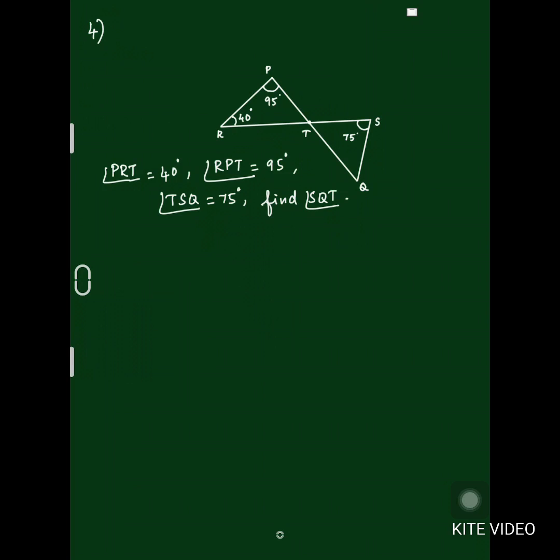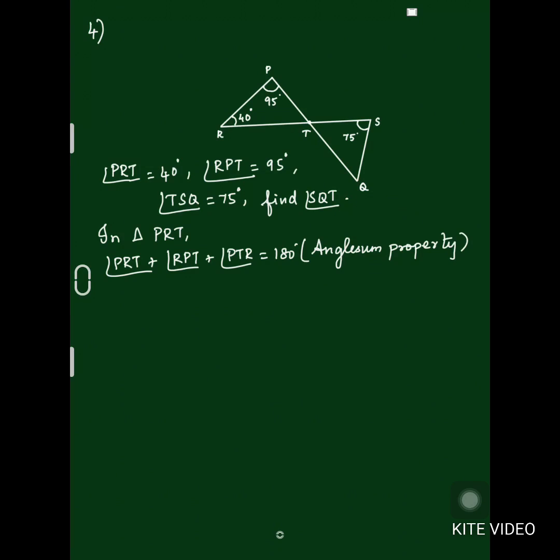Since we know the two angles, we can find the third angle using angle sum property. So in triangle PRT, angle PRT plus angle RPT plus angle PTR is equal to 180 degree. The reason is the angle sum property of a triangle.